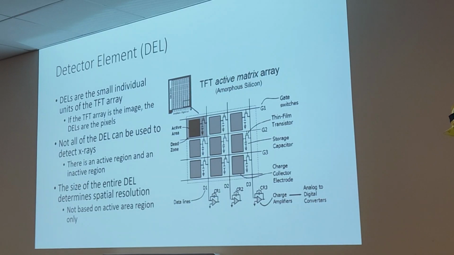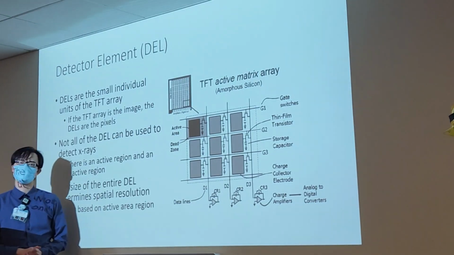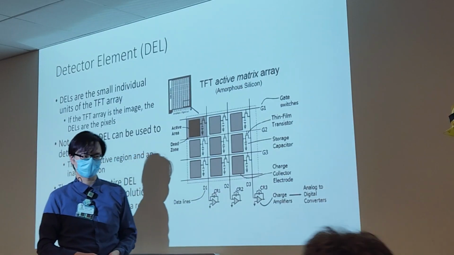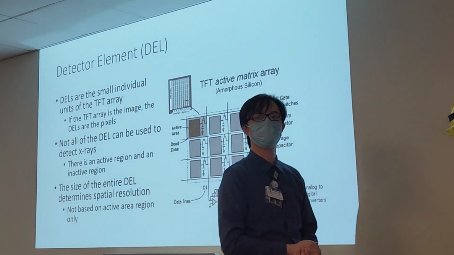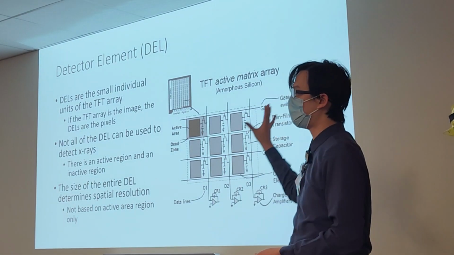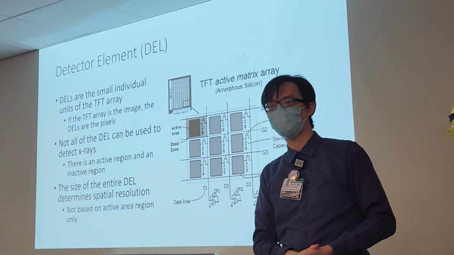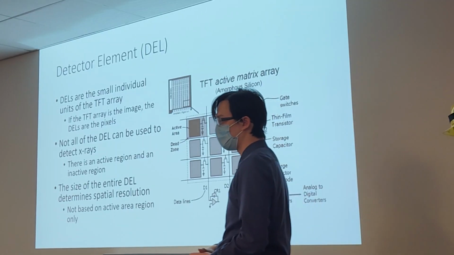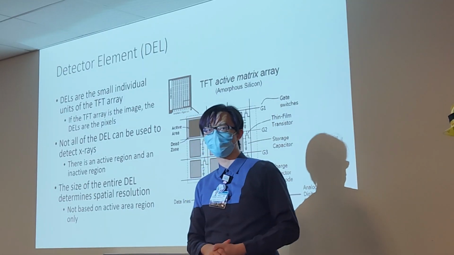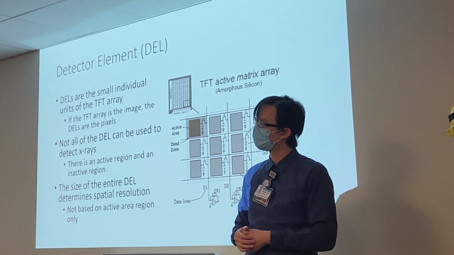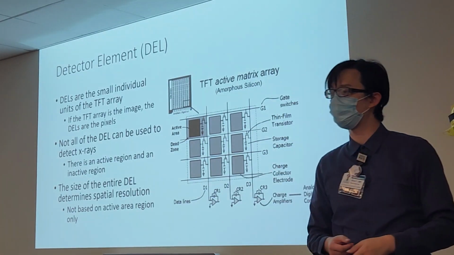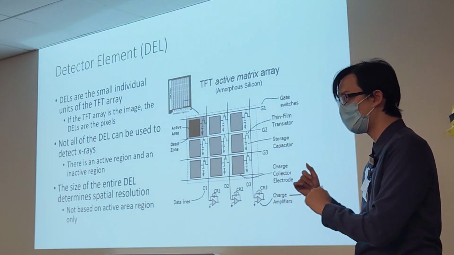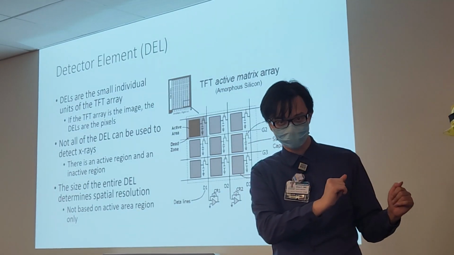So let's talk a little bit more about the anatomy of a DEL. DELs, the small individual units, are basically the pixel of your TFT array. The DEL is not entirely there to capture the signal. Part of the DEL can capture the signal, but not all of it. So you have an active region and an inactive region.